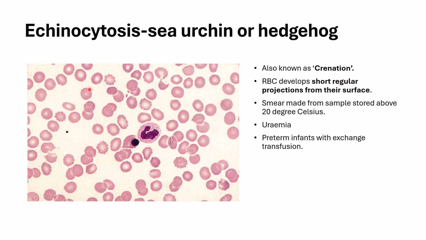But in echinocytes, they are regularly distributed, short spicules that protrude from the surface of the RBC. It is also seen as an artifact in patients where the samples have been stored above 20 degrees Celsius overnight. So in that case, it's an artifactual finding. It is also seen in conditions like uremia or in preterm infants where exchange transfusion has happened.